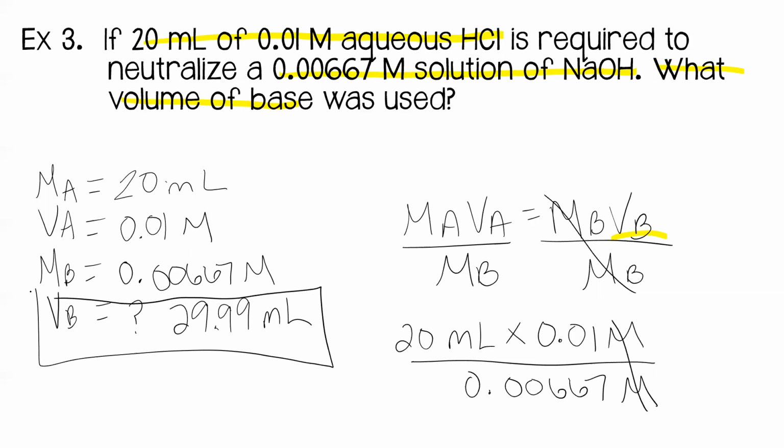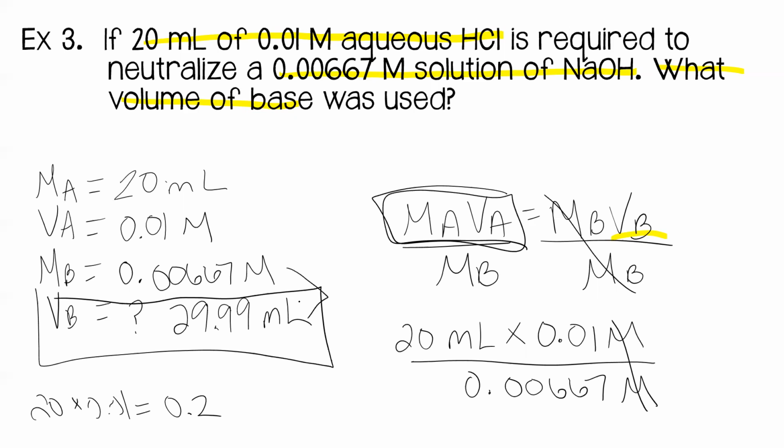So let's just try to check this. So what's 20 times 0.01? Let me get my calculator. Okay, sorry. 20 times 0.01 equals 0.2. So that's this side of my equation.